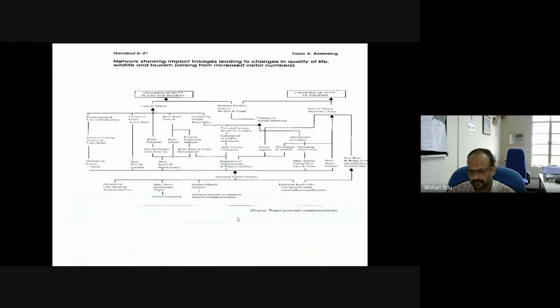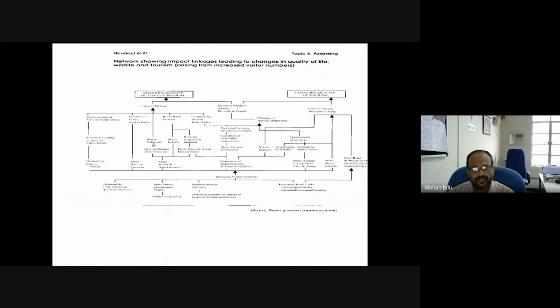This is another type of analytical or prediction method, which is called the network model. It is much more informative than the matrix, where, say for example, if there is water pollution, we just have an idea whether the effect on water quality is significant, moderate, or insignificant.